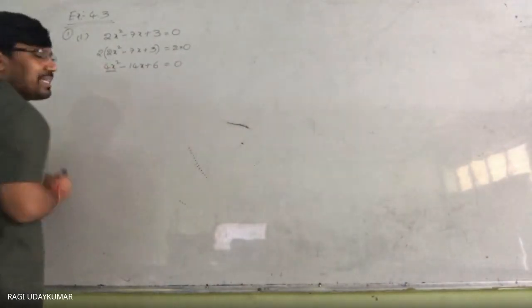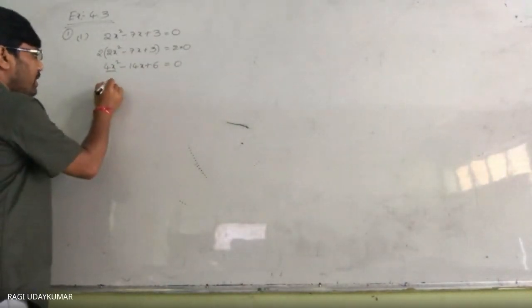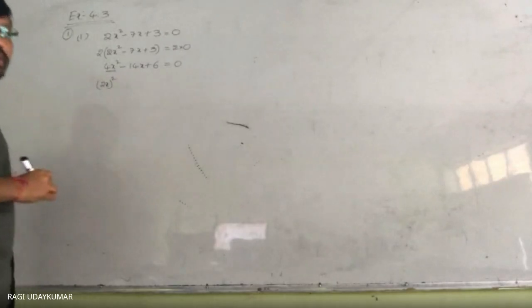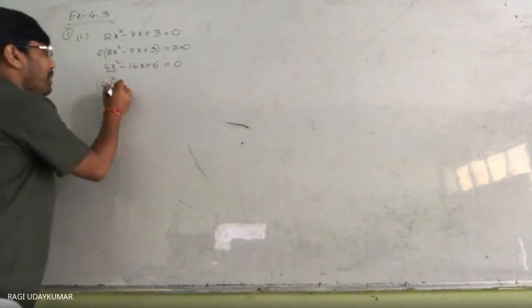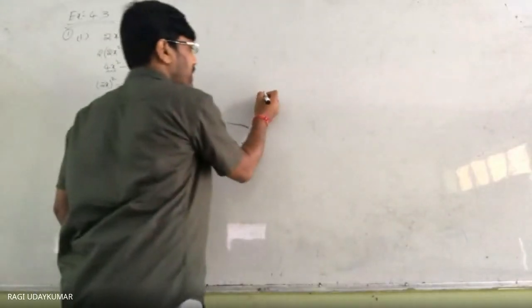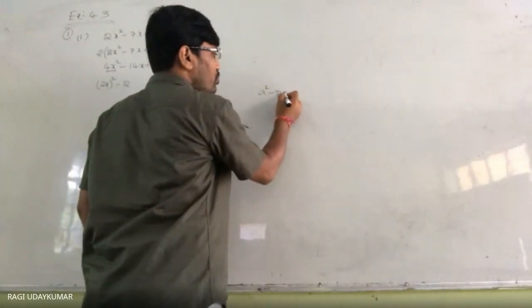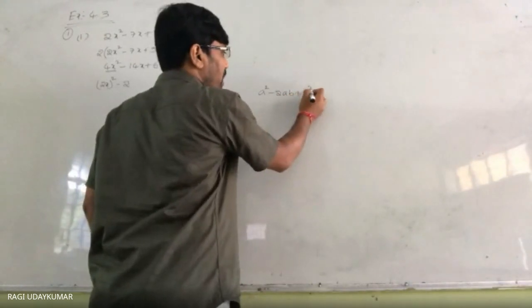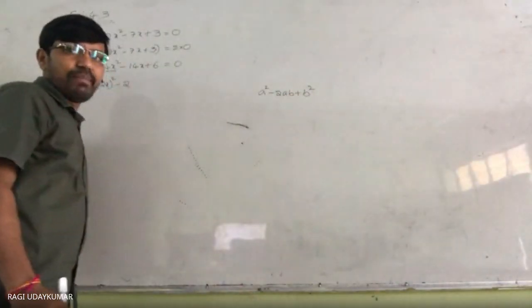Now this can be written as 2x whole square minus 2 compulsorily, because we have a square minus 2ab plus b square is equal to a minus b whole square.